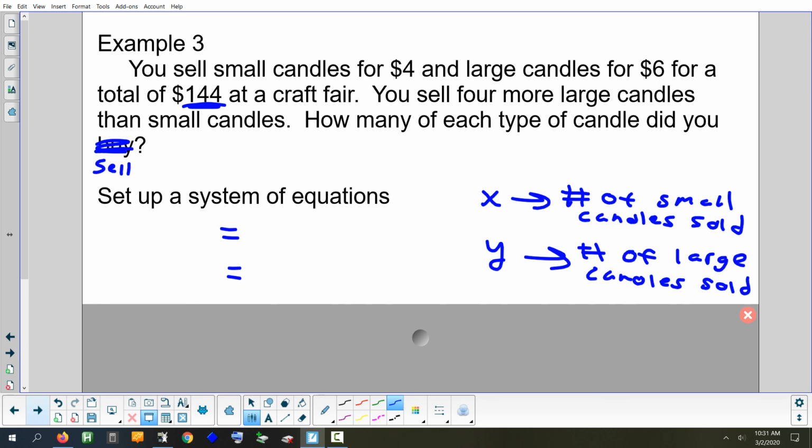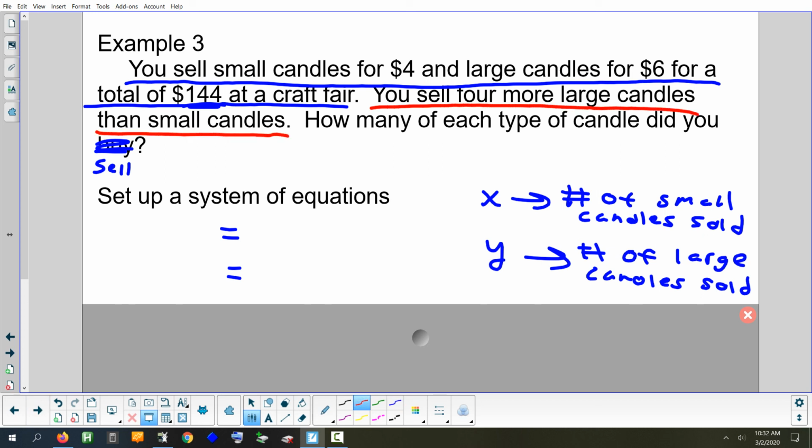Now, we have to set up 2 equations, which means they're going to give you 2 sentences in that problem to help you do it. This, what I'm underlining in blue, is going to be used for equation 1. This, what I'm underlining in red, tells you something else. That's going to be used to help you set up equation 2.